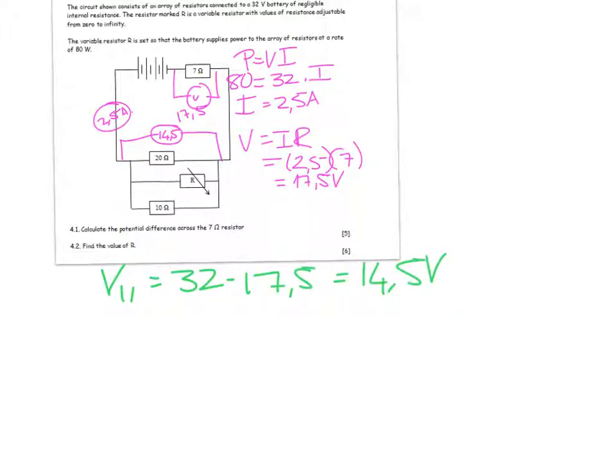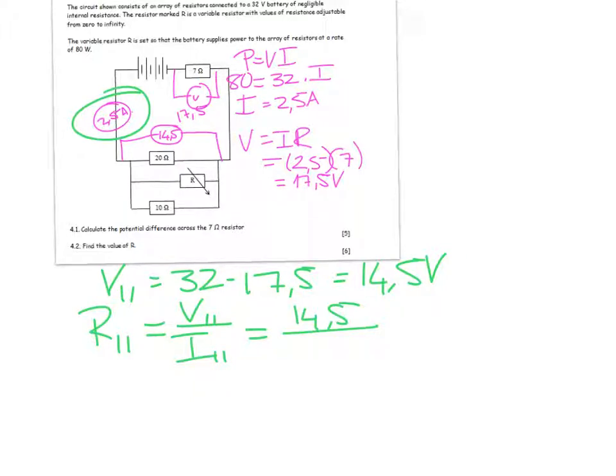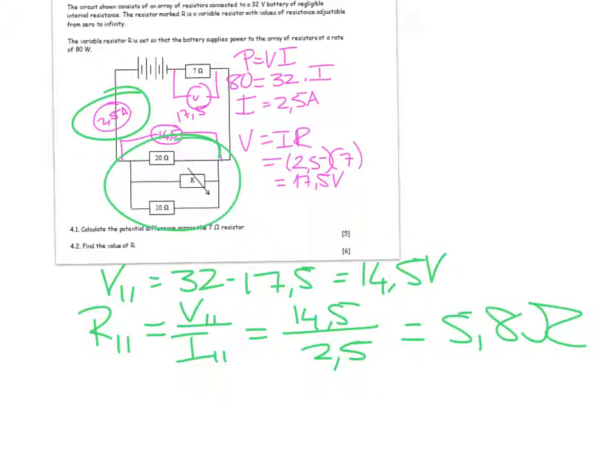Then I can say that R parallel is equal to the whole of V parallel divided by the current going through the whole parallel network, so that's 14,5, and the 2,5 goes through the whole parallel network, and I land up with 5,8 ohms of the entire network.